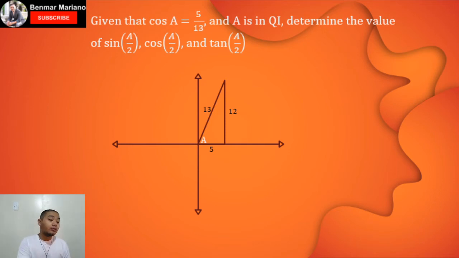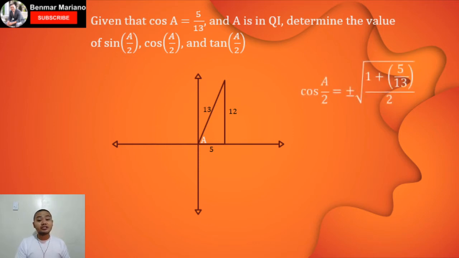Now, let us identify the value of cosine A over 2. The formula for cosine A over 2 is plus or minus the square root of 1 plus cosine A, all over 2. What I did here was simply replace cosine A with 5 over 13. Next, simplify that.